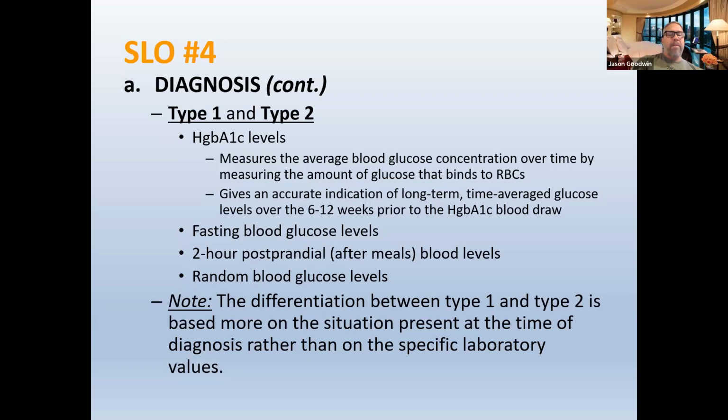And then finally, random glucose levels, which you can take any time of the day, and the parameters are a little bit looser, and see where your body's at. The bottom line is we talked about those two ways of homeostasis, where your body manages the glucose going up and it manages it going down. And so the random blood glucose level tests how your body is managing that process.